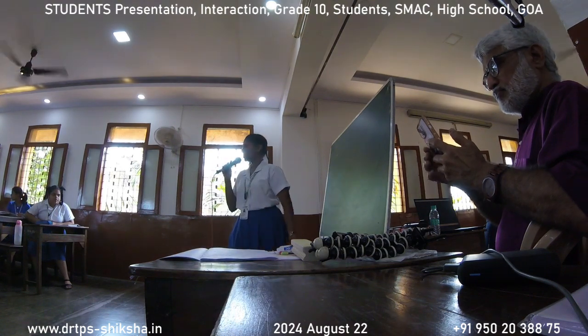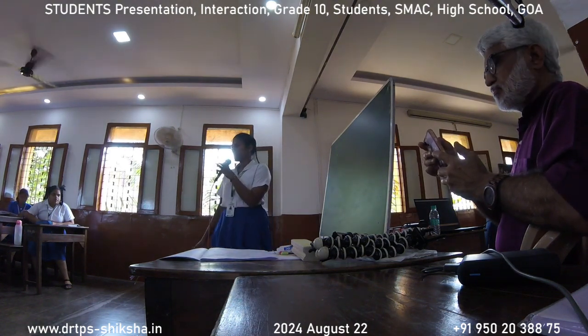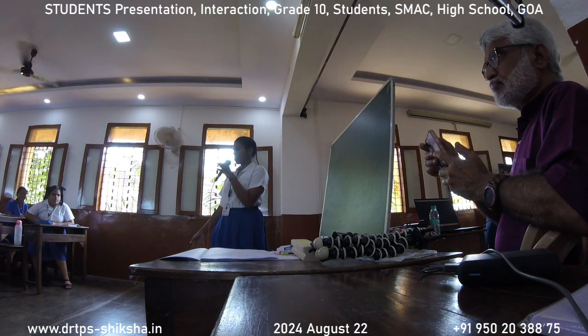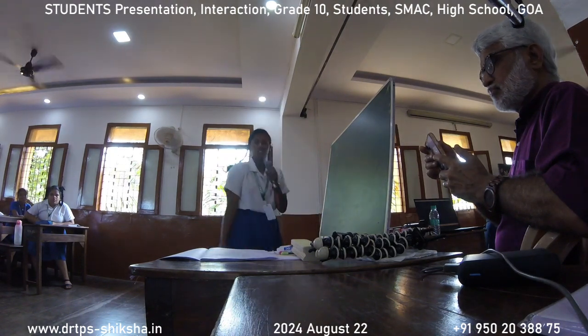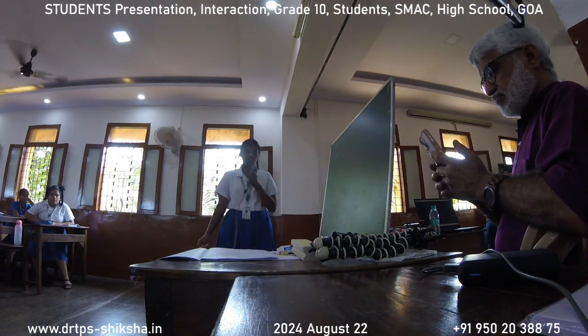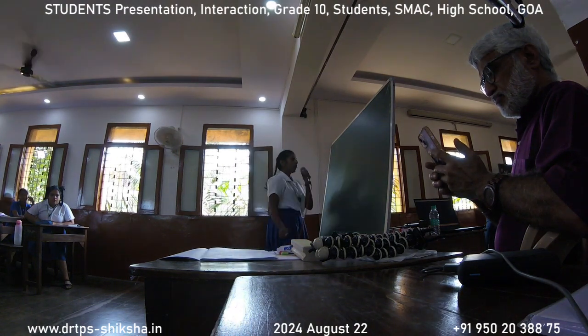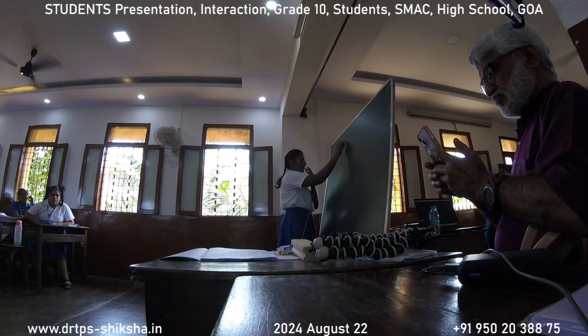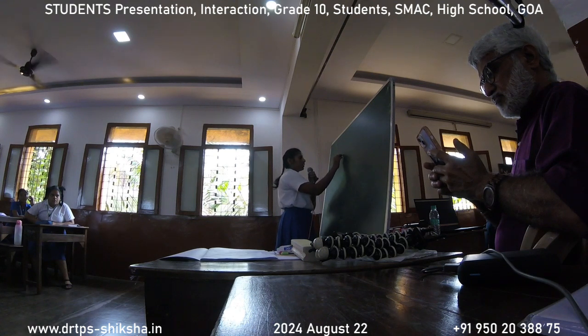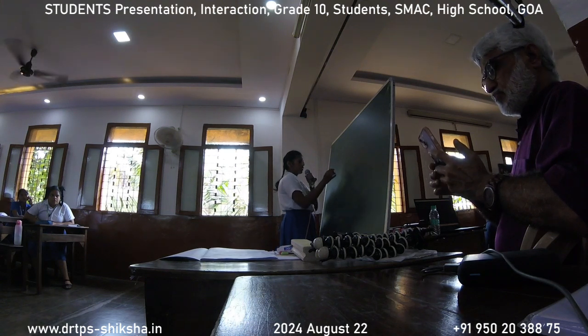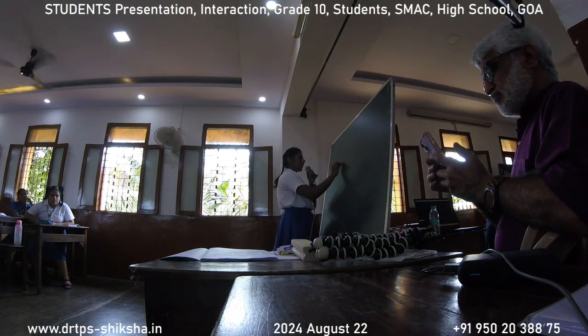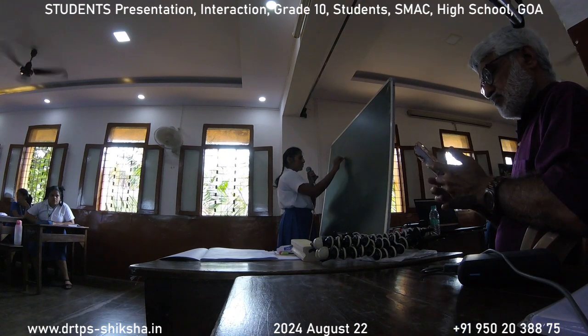So my topic is about easy tricks to learn numbers ending with 5. The square of number ending with 5. So I'll take the number 85. You have to take 8 and then multiply 8 plus 1.